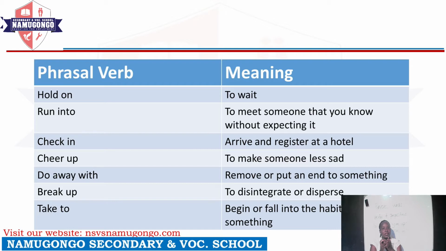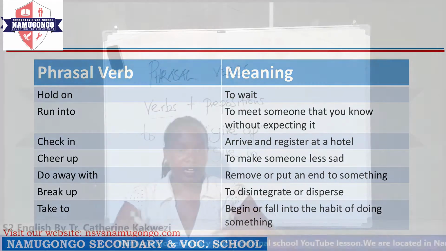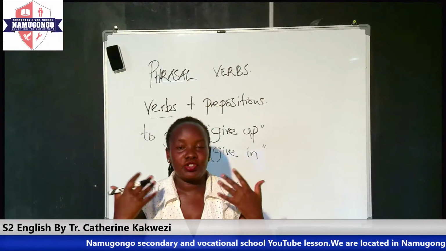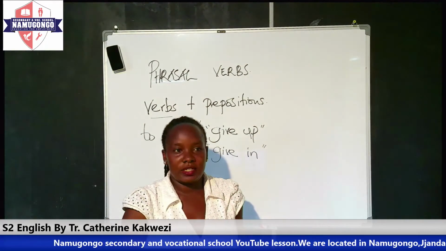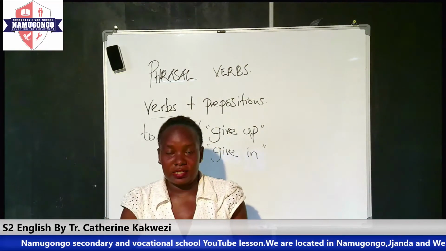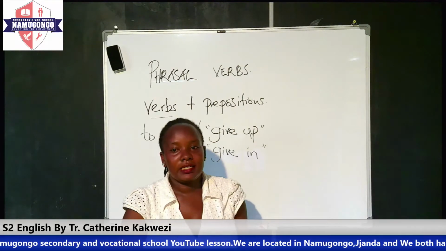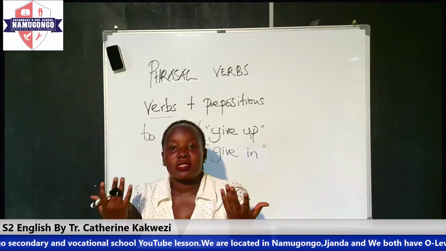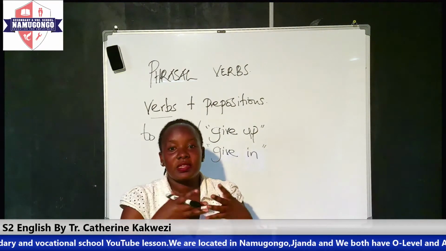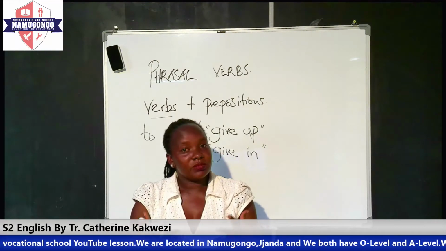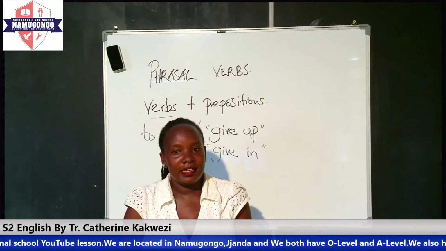When you look at something like hold on, you know the funny thing about phrasal verbs is that we have actually been using them in our ordinary and general conversations, when we are talking to our friends, when we are talking to our colleagues, or when we are talking to someone even at home. These are things that we have been using in our daily lives.